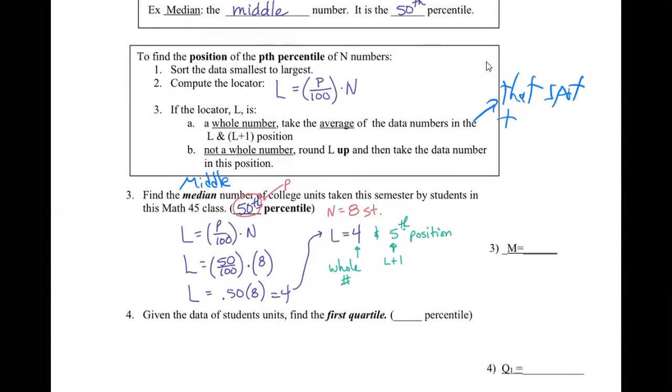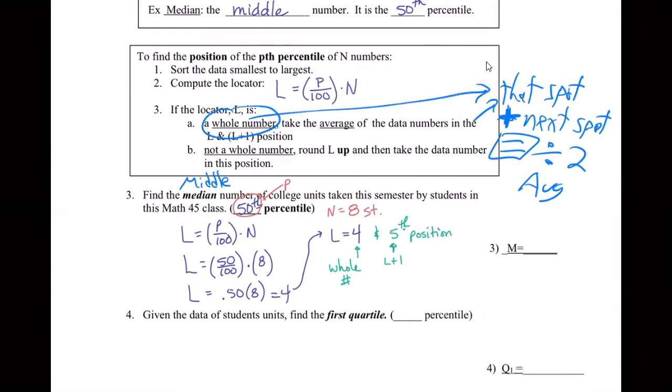That spot plus the next spot. You add them up, see my plus sign here? You add them up, hit equals, and then divide by 2 to get the average. So that's what you do for the whole number. That's just another way of saying what Miss Jones said.